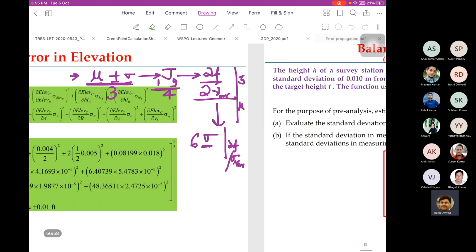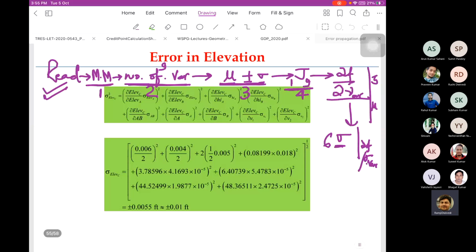Last time we finalized this, where we summarized our whole discussion in these steps. We read the problem, form the mathematical model, and look for the number of variables in the problem. The values of the variables or observables are assigned as mu plus minus sigma, so that you know what is mu and what is sigma.